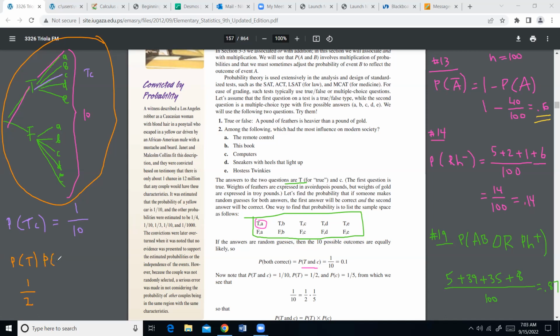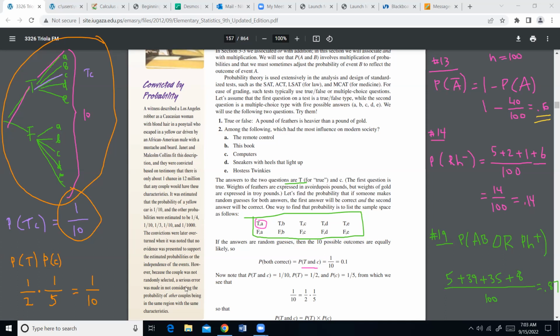Analogously, if you have multiple choice, 5 answers, the chance that you guess C correctly is 1 out of 5. Notice that they assume that you have no idea about this question, so you just randomly take a guess. So out of 5 for the second question, there is only 1 chance that you will guess the correct one. And please notice that when you multiply 1/2 by 1/5, you get exactly 1/10, which is the answer in here.